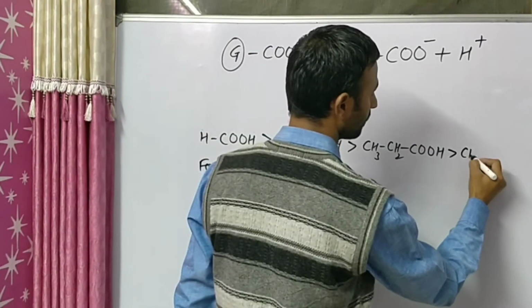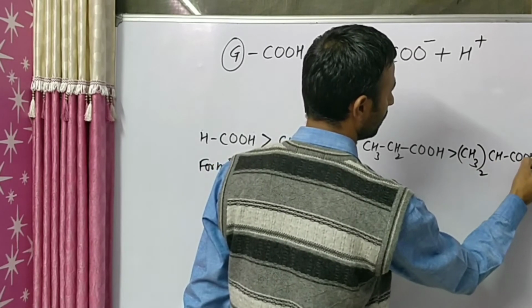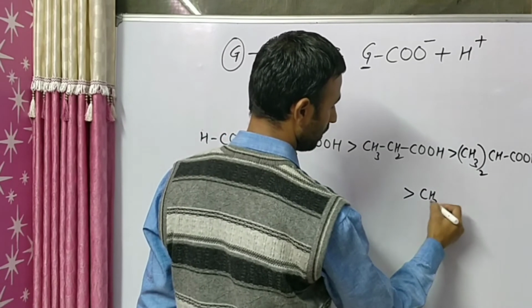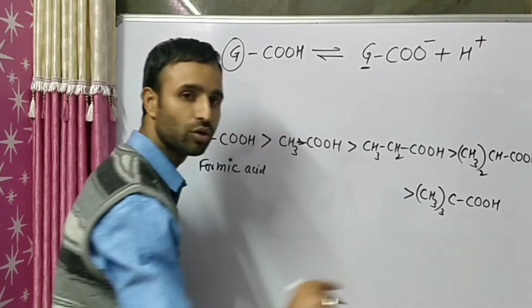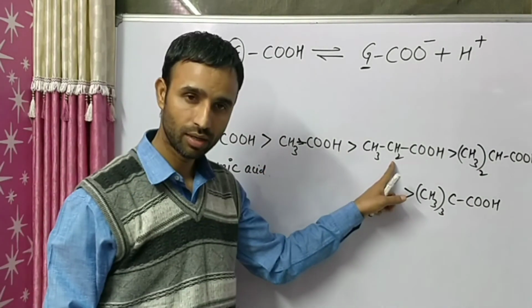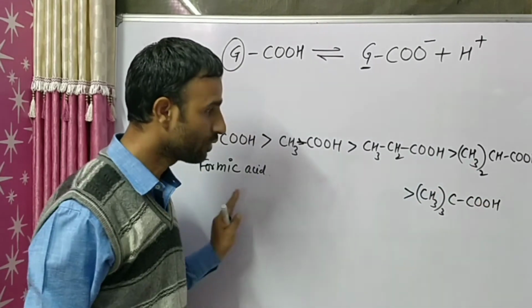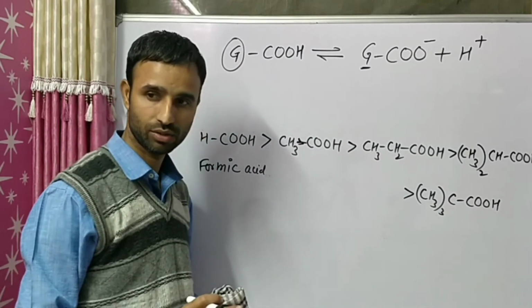Then CH3 twice, still there is a decrease, and CH3 thrice, according to the order: methyl, ethyl, isopropyl, tertiary butyl. Plus I effect increases, acidic strength decreases.